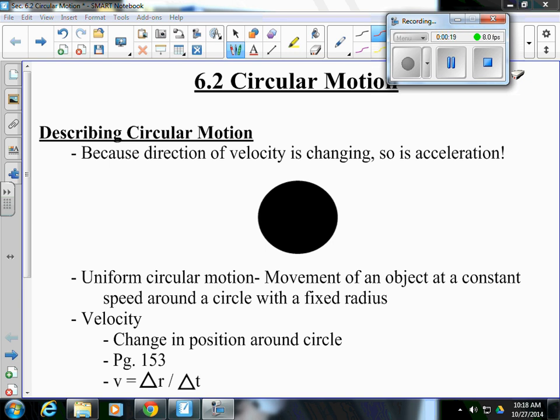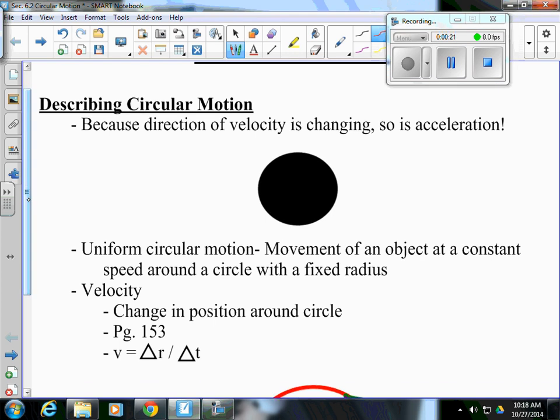Now circular motion, the keys with circular motion are a couple things. First things first is because the direction is always changing. Remember, even though the number might be constant, velocity is a directional vector, so it's always changing direction.